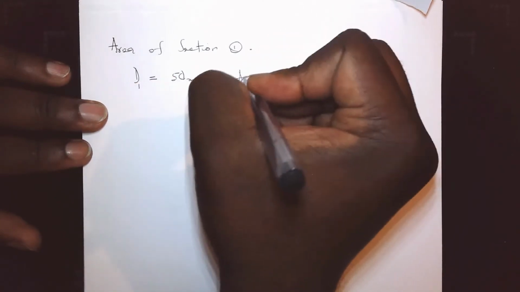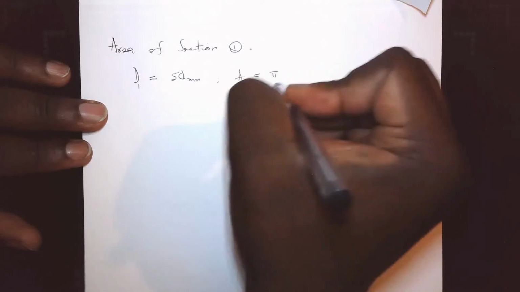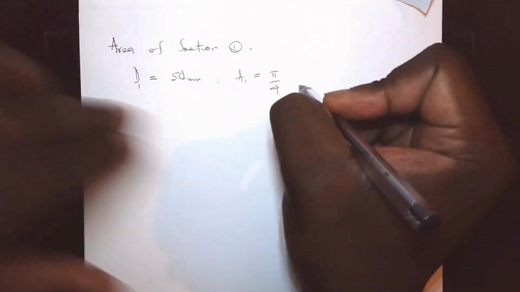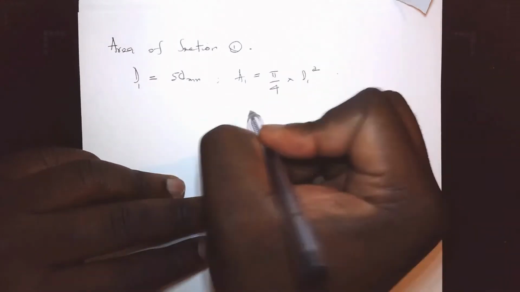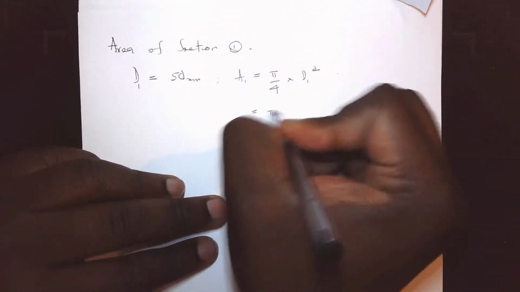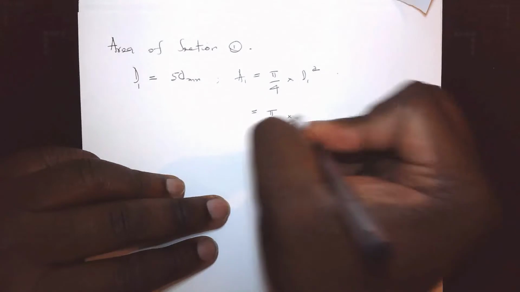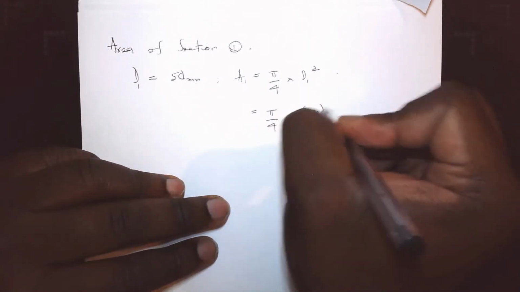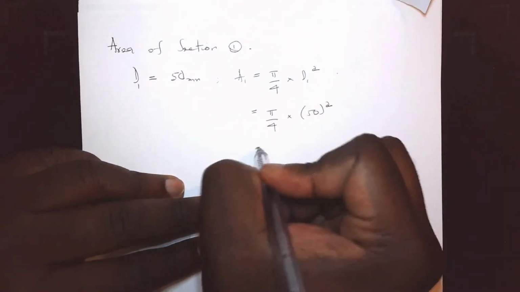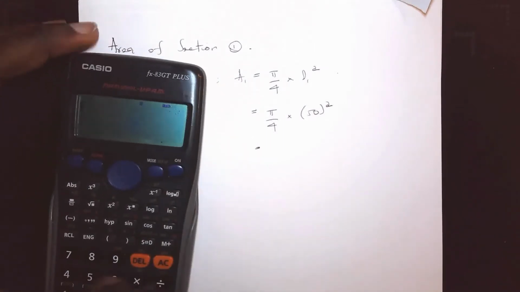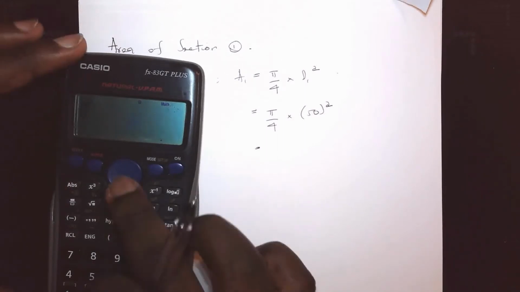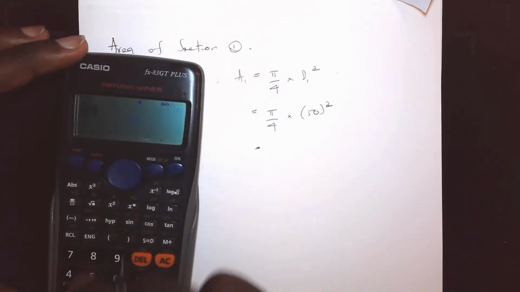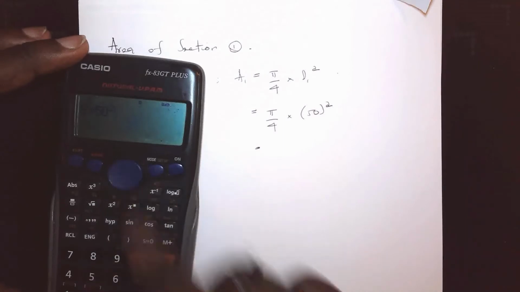Therefore the area, A1, will be equal to pi over 4 times D1 squared, and that will be equal to pi over 4 times 50 squared. Let's bring up our handy calculator. So we have pi over 4 times 50 squared.